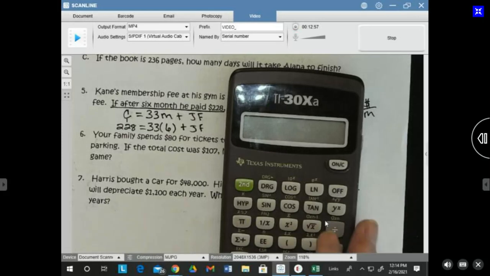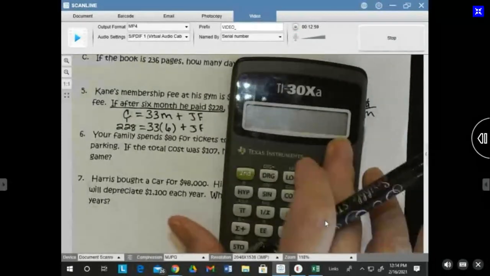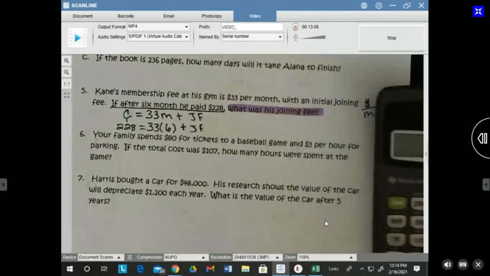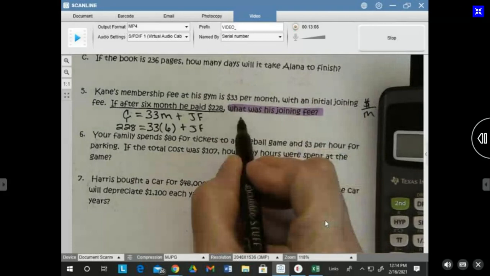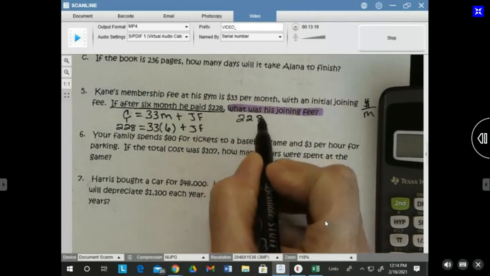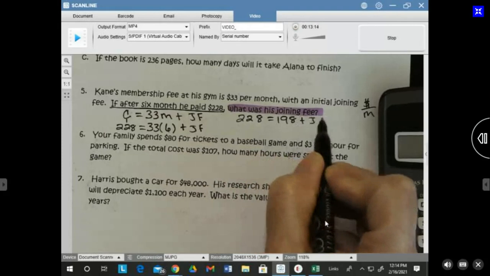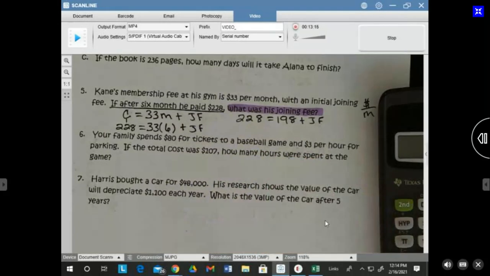Y'all just so much fun today. 33 times 6 gives me 198. So I have 228 is equal to 198 plus the joining fee. One-step equation.